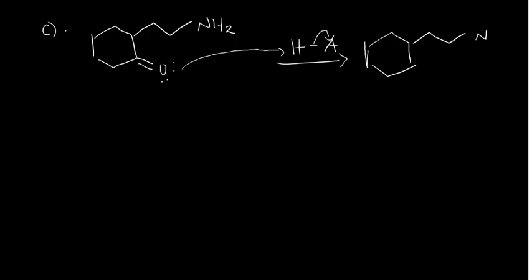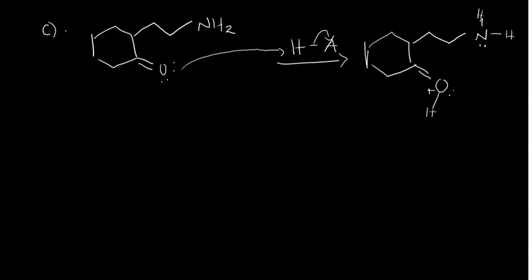The nitrogen is electronegative and the carbon here becomes partially positive, so it will attack in an intramolecular reaction. This one comes here to attach and breaks the bond here. Hence we form a structure which looks like this.